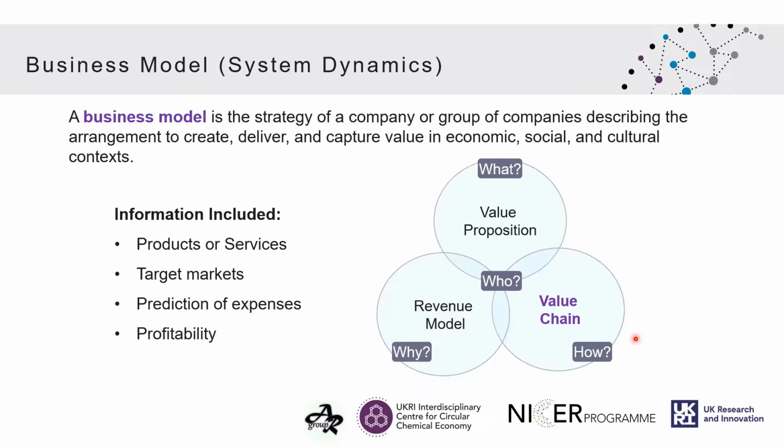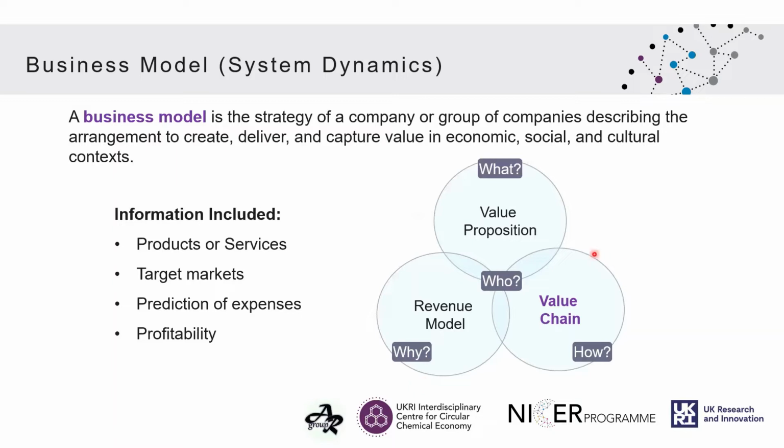Right, so if we start from business models. A business model, or system dynamics, is a strategy of companies or different groups of companies to provide some service and get some value, either economic, social, or cultural. And they are based on what I try to represent in these 3 circles.